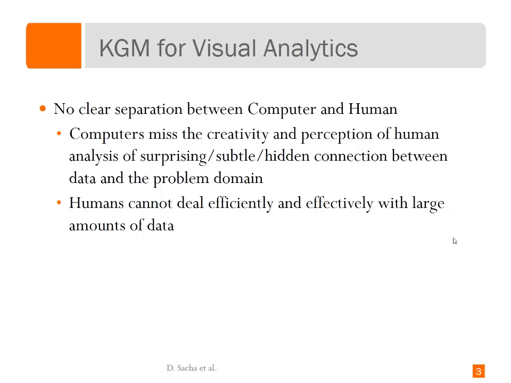On the flip side, our computers or algorithms are very good at efficiently and effectively dealing with large amounts of data. So they can chew through a lot of processing that humans cannot process in the same way. So the idea behind it is that we're marrying up this creativity and unique perceptive capabilities of human analysis with the raw processing power of algorithms.